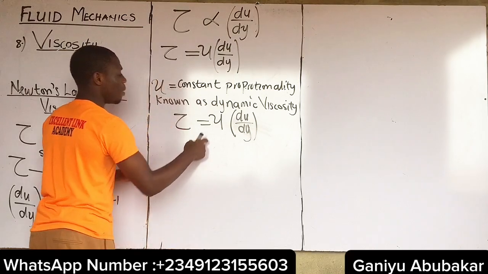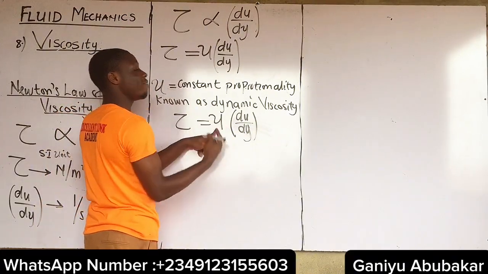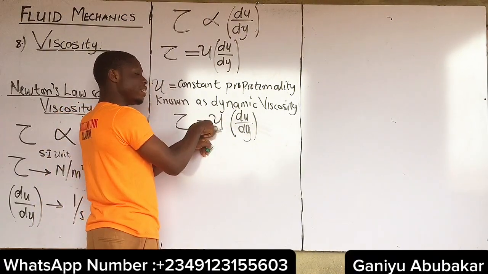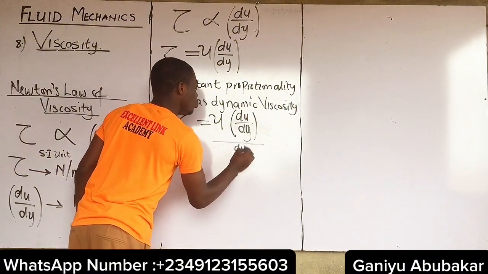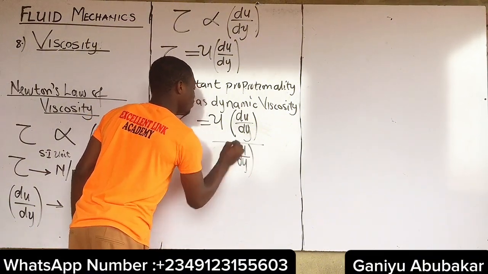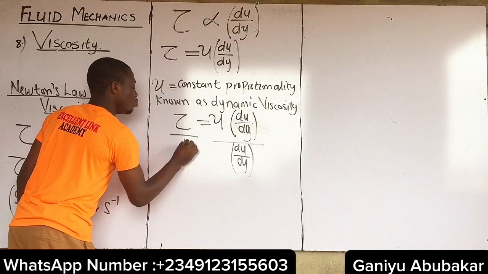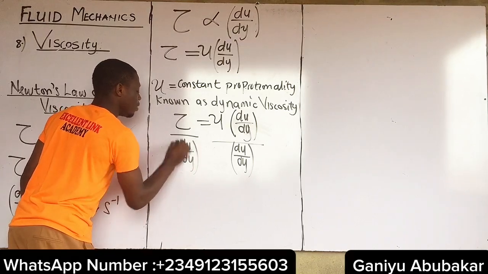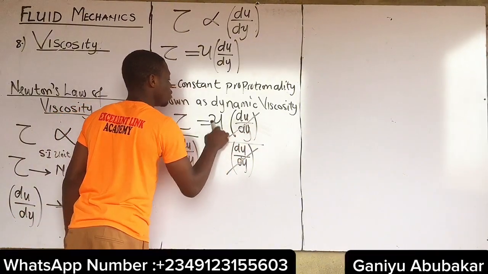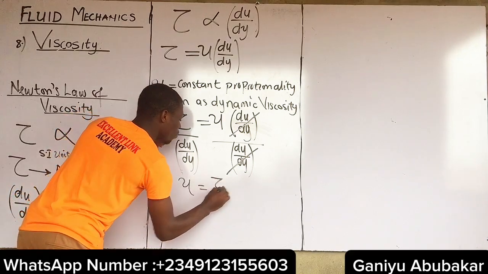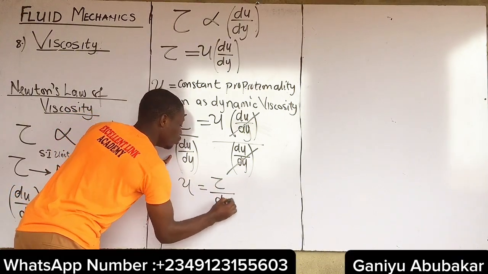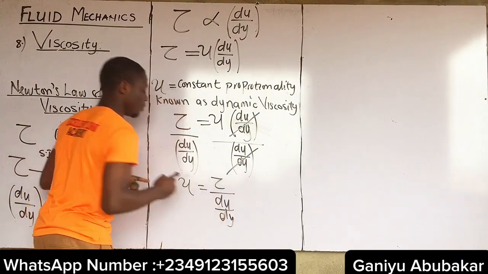If I want to get the SI unit for mu, I make mu the subject by dividing by the u over the y. This one cancels this, so mu is equal to tau all over the u over the y.